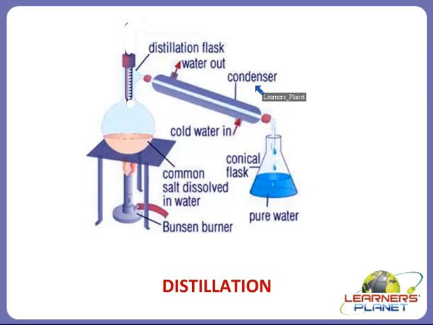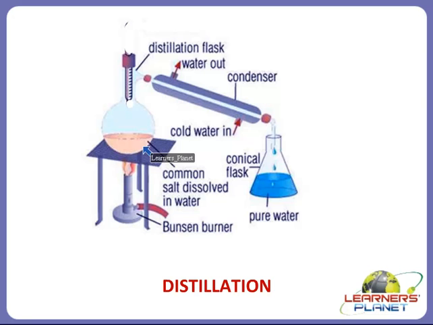So in this condenser, we will add the cooling water from here, and the rest of the water, which is the purified form of water in which there will be no impurities, will be collected in a conical flask. Right, so this is the pure water which is collected in a flask. So this is the distillation process by which we can obtain pure water.